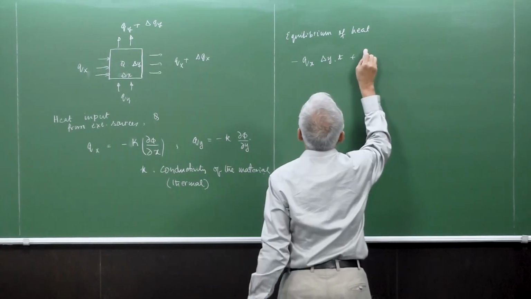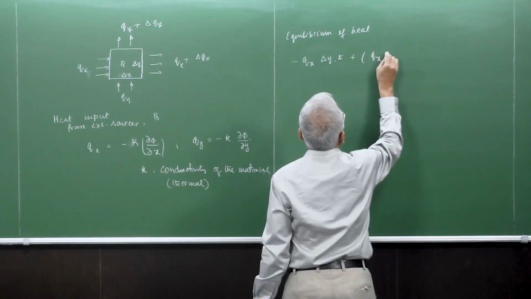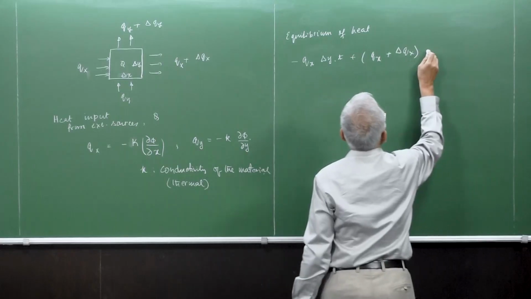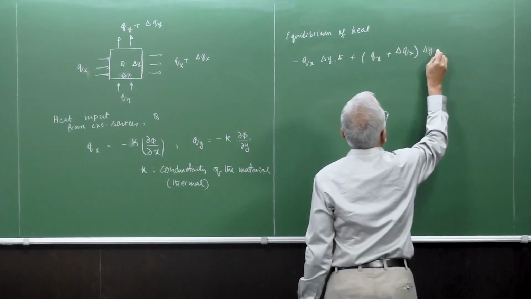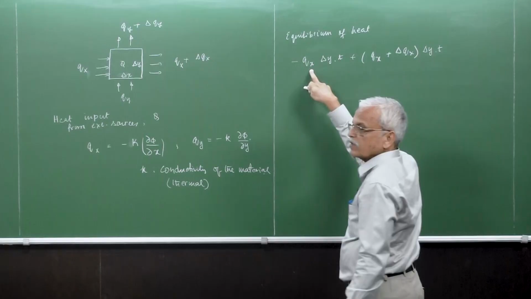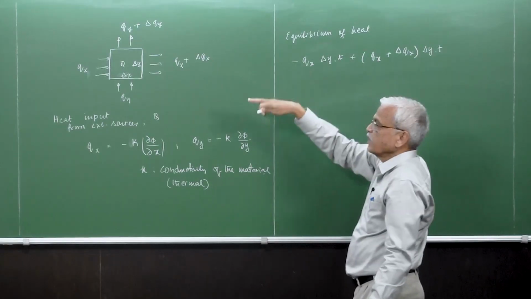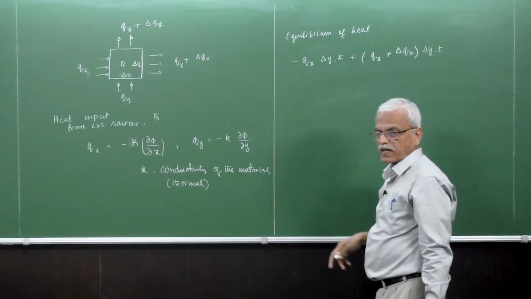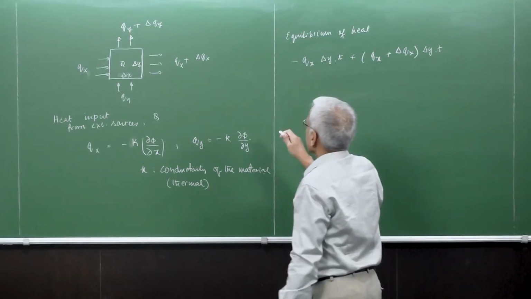Then on this side we have Qx, same thing as this one. So this is heat going into the representative volume. Heat leaving we take to be positive, and this is negative.